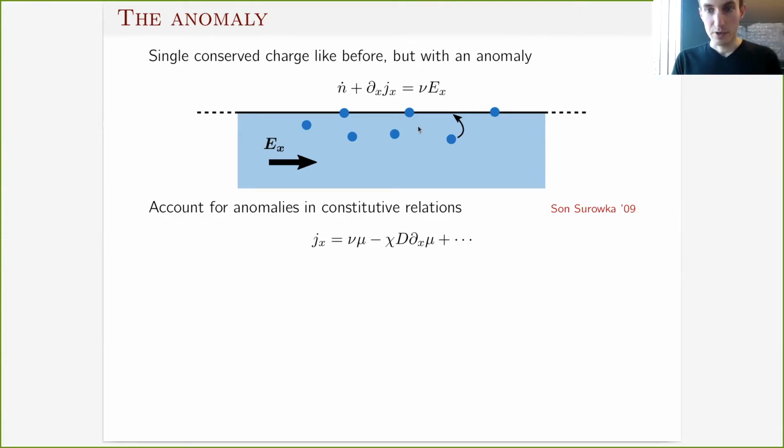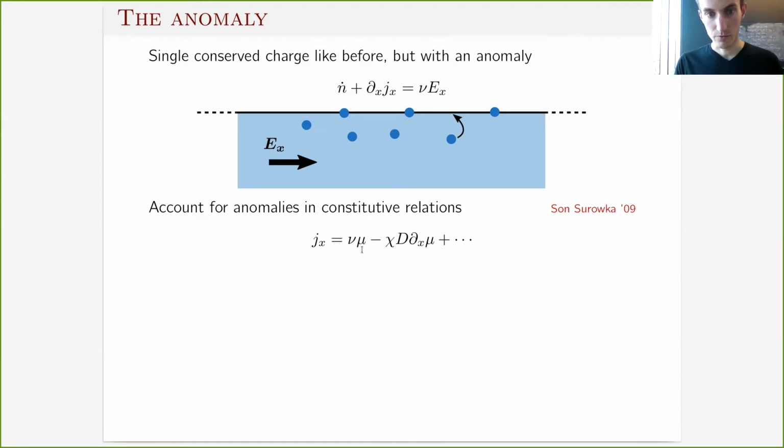Okay, so it's been known for some time how to account for anomalies in hydrodynamics. What happens in this paper in particular is that the anomaly fixes terms in the constitutive relations for the currents. So in this case, the constitutive relation for my current will again have the same diffusive term as before. I wrote it in terms of the chemical potential this time instead of charge. But the anomaly is going to fix this zero derivative term in the constitutive relation for the current.